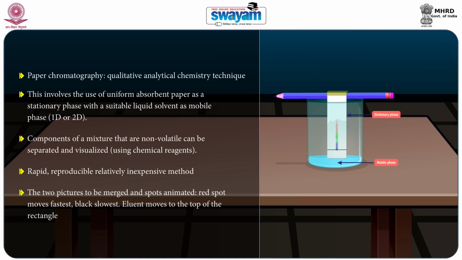After this saturation has taken place, typically about 15 to 30 minutes for a small separation of maybe 2 to 3 inches of paper, we apply the spot of mixture onto the pencil line, then wait for an hour or so. When we notice that the solvent, the mobile phase, has reached the top of the paper, we stop the experiment and then begin the process of visualization.